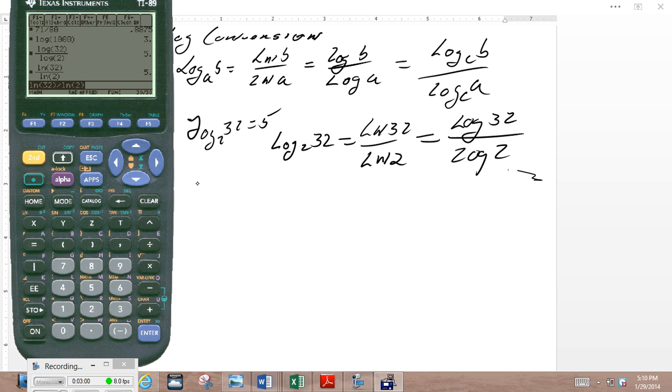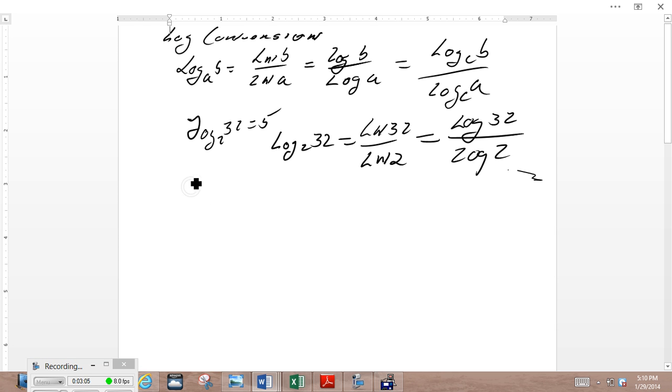So in the event that you needed to evaluate something like, I don't know, the log base pi of 57, well, certainly I have no idea. What I know is that it is some value x such that pi to the x is equal to 57.